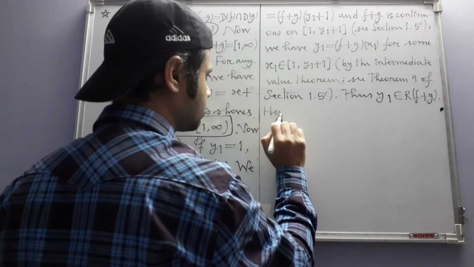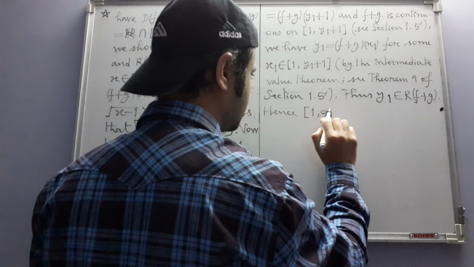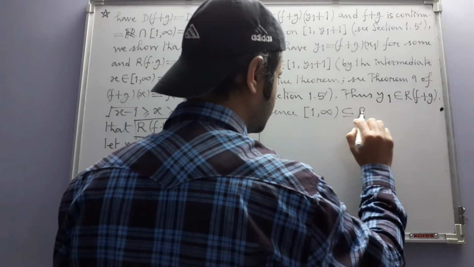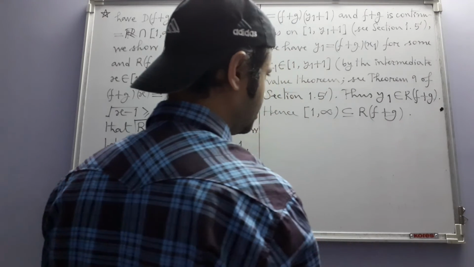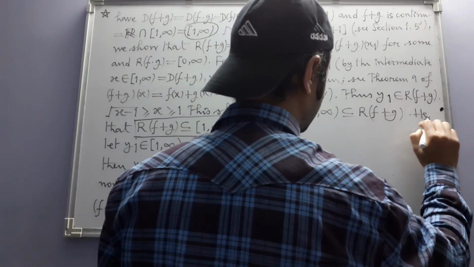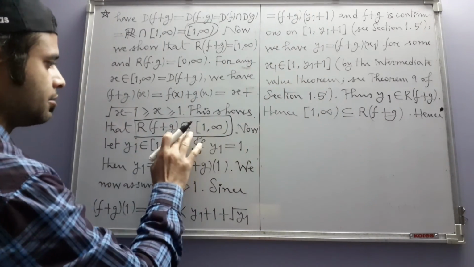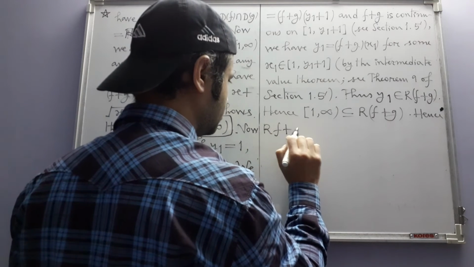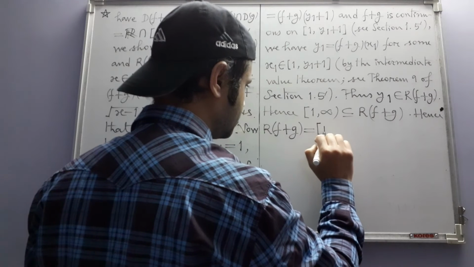Hence, our closed ray or interval also is contained in the range of f plus g. Hence, combining this inclusion and this inclusion, we get our desired range.